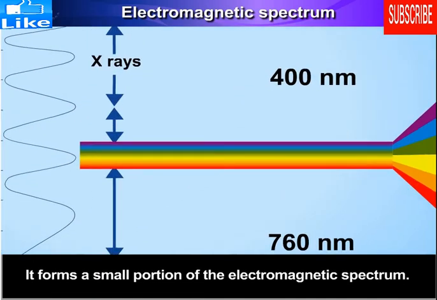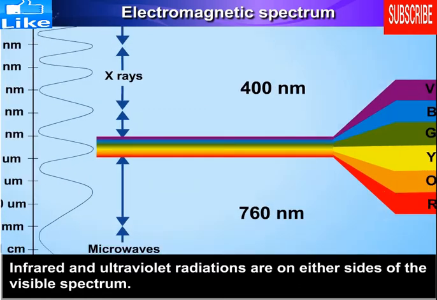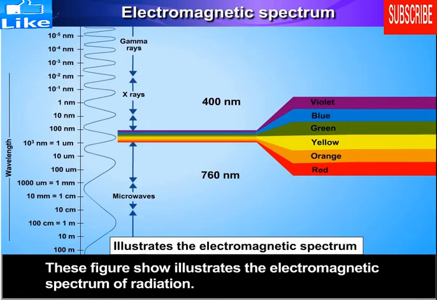It forms a small portion of the electromagnetic spectrum. Infrared and ultraviolet radiations are on either side of the visible spectrum. The figure illustrates the electromagnetic spectrum of radiation.